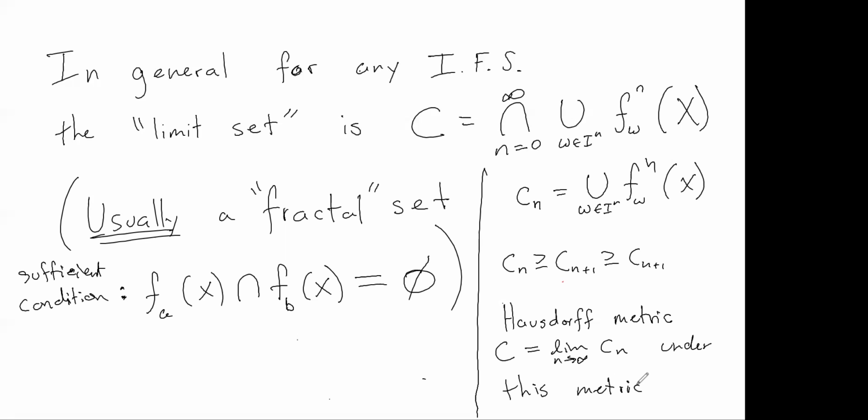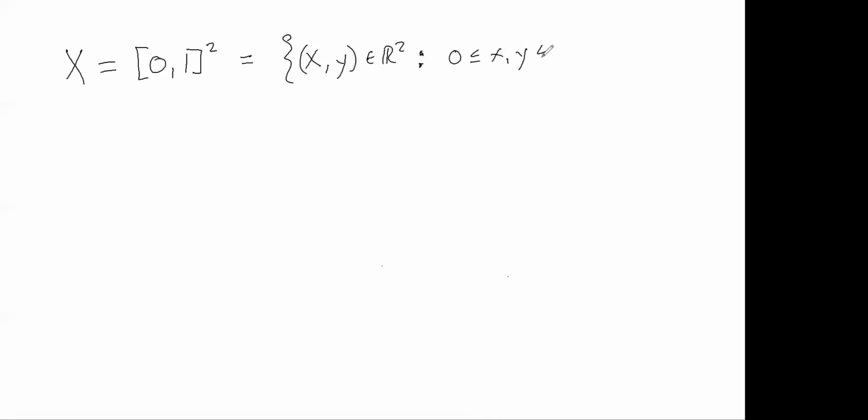Maybe an example in R2, let's say x equals the unit square, so the set of all x and y in R2 such that both x and y are between 0 and 1.